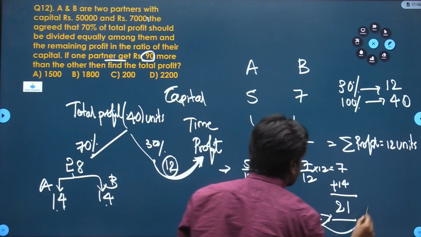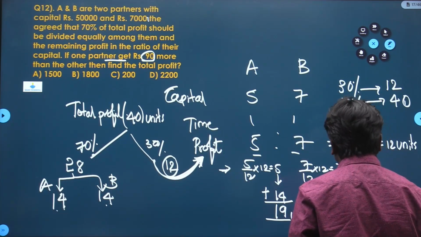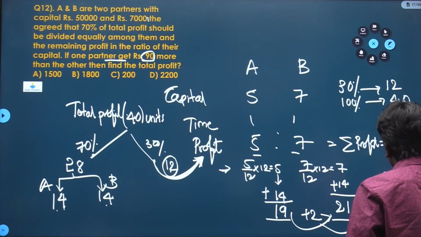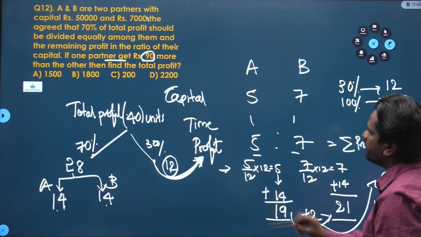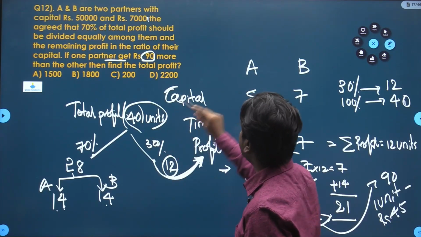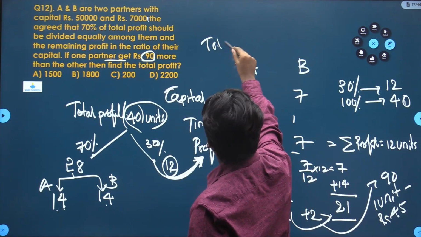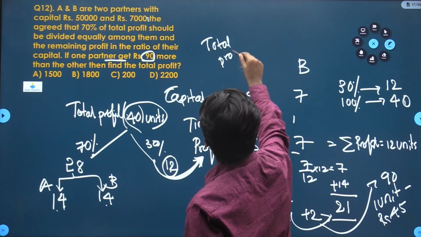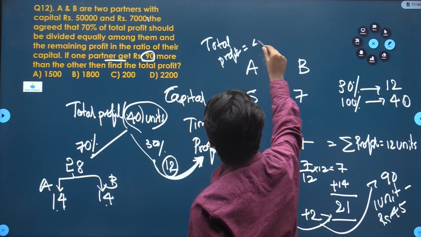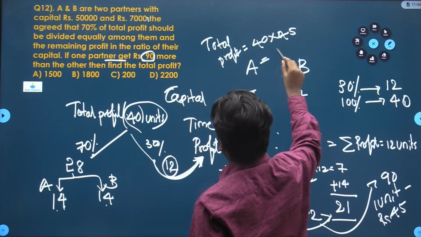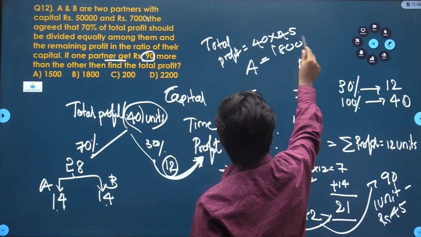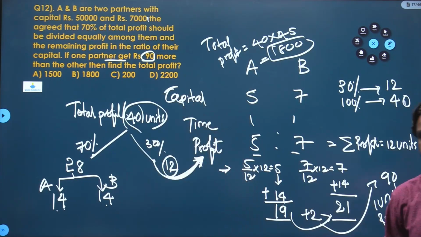So 2 units is 90 rupees, so 1 unit is 45 rupees. We assumed the total profit as 40 units, so the total profit is 40 into 45, that is 1800. So this is the answer.